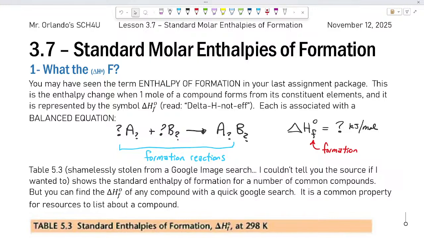So that tells us that's formation, like we see here. And then this symbol here is called the naught. And this refers to standard conditions, what we call SATP, standard atmospheric temperature and pressure.